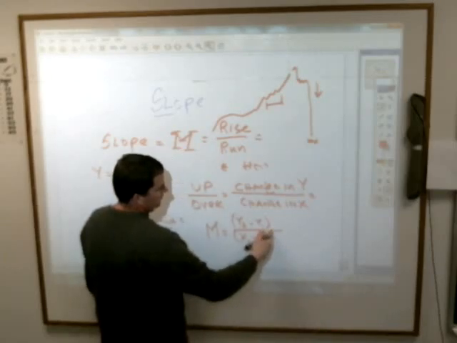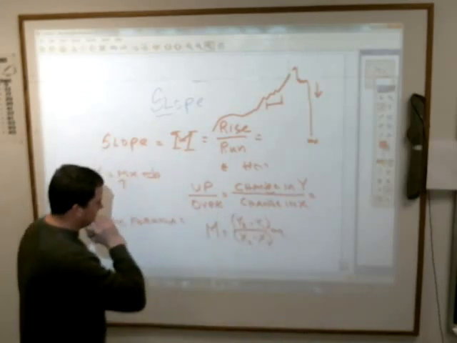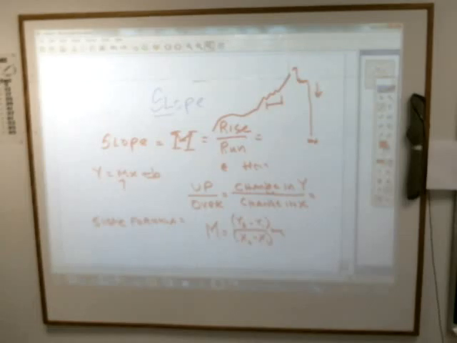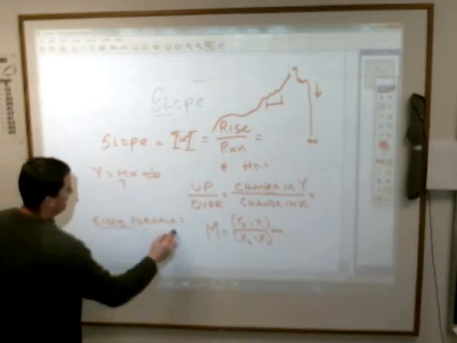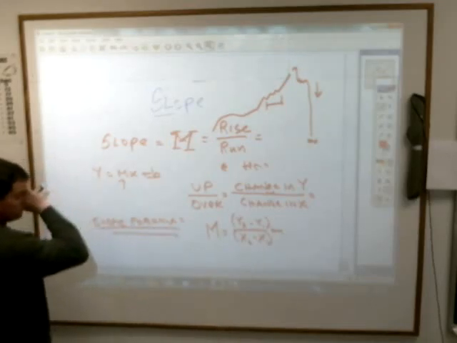And that will equal slope. At least I hope that's right. Let me write that down, I'm going to make sure. That is the slope formula. Got that now, put it in big letters there.